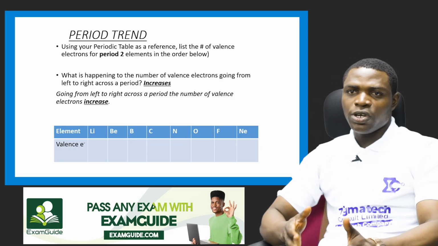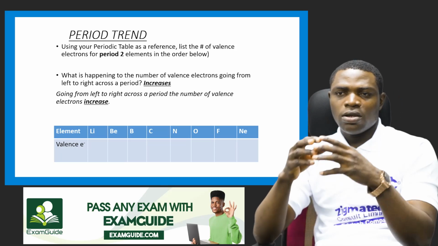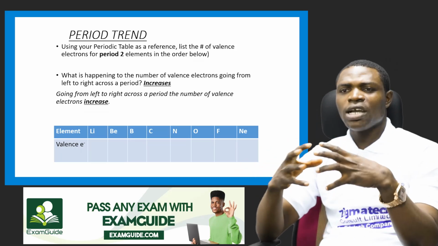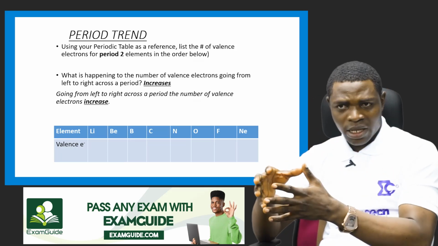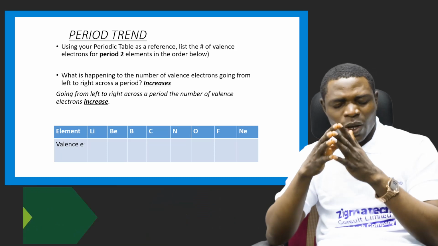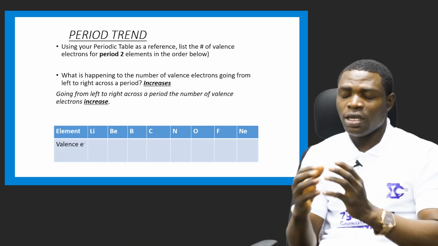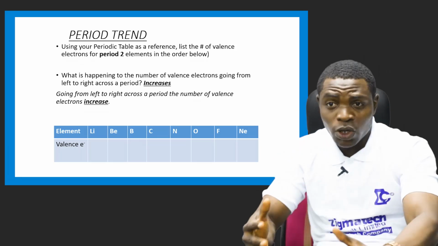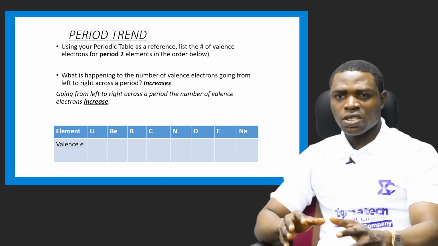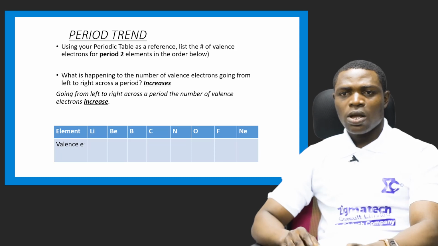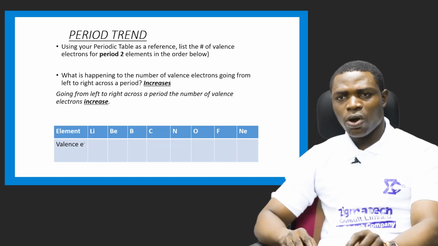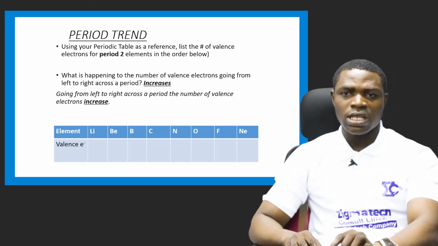Now looking at the period and the group, I have added more elements to the ones we are considering so that we can have broader knowledge of the concept of valence electrons. Lithium, beryllium, boron, carbon, nitrogen, oxygen, fluorine, and neon.